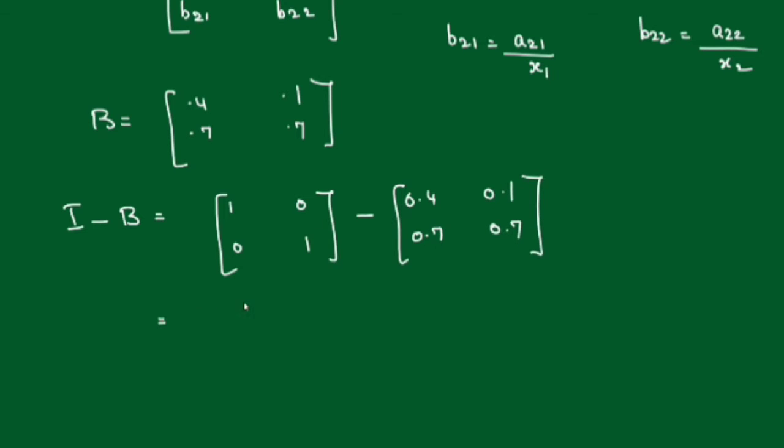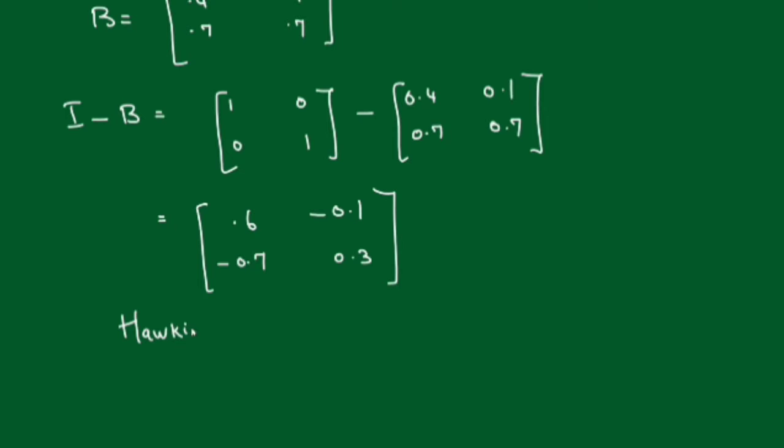So that is equal to 1 minus 0.4 is 0.6. 0 minus 0.1 is minus 0.1. 0 minus 0.7 is minus 0.7. 1 minus 0.7 is 0.3. So we found I minus B.